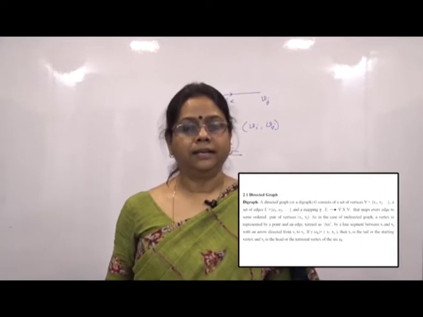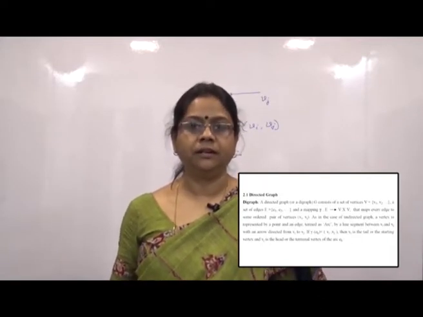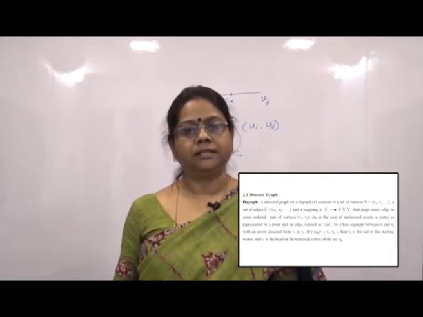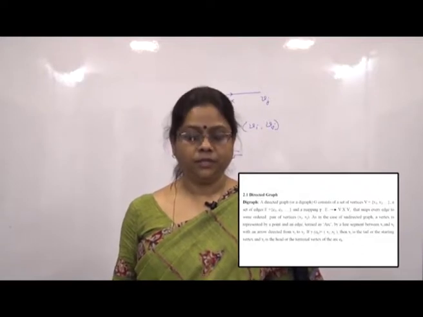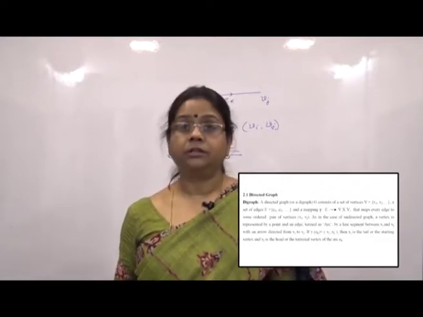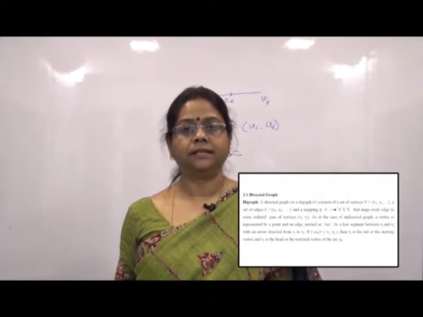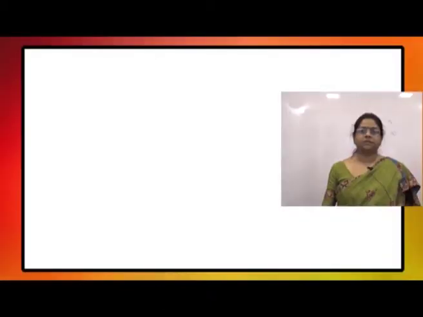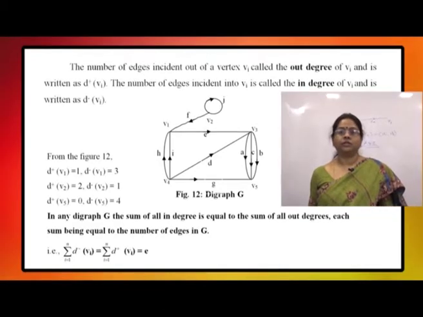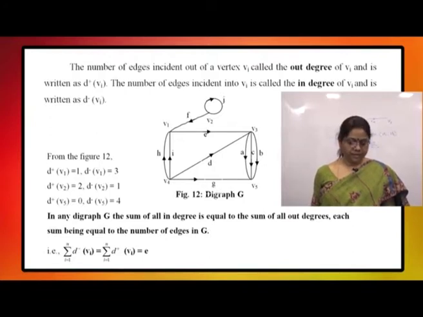So, an edge with a direction assigned to it is an arc, which is used to represent a directed graph, which is called in short a digraph. In figure 12, we can see a digraph.